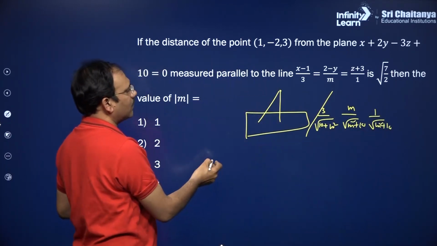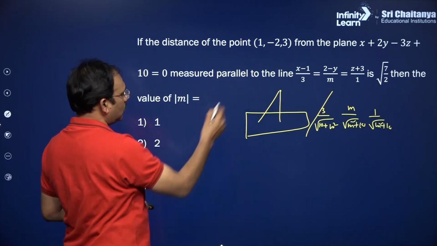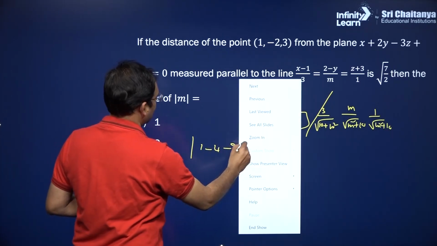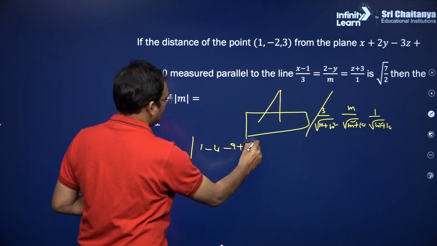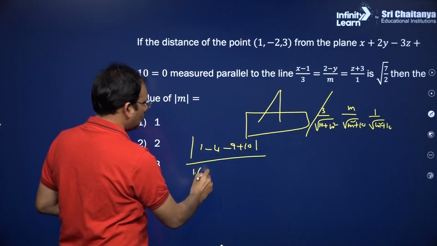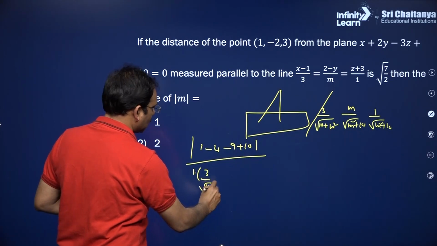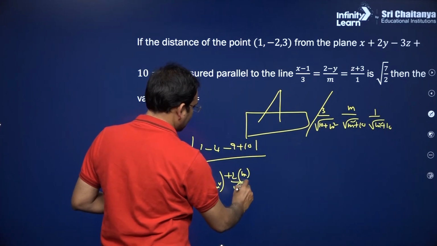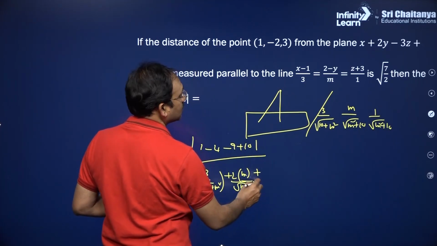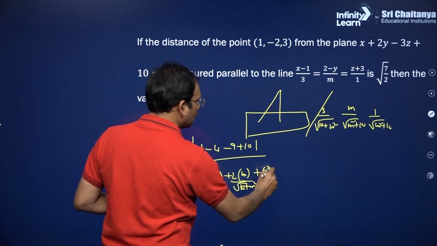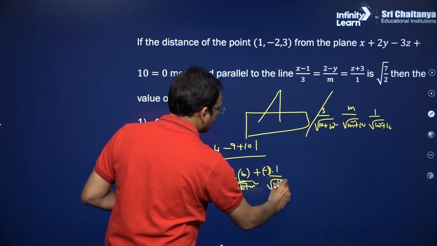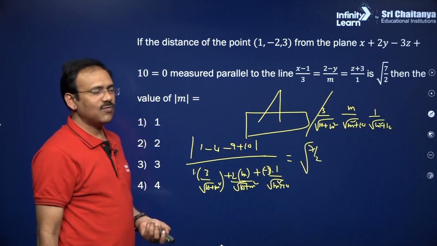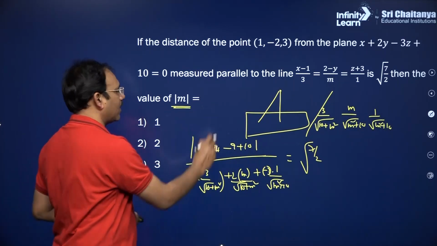Now, perpendicular distance from this point, which point 1 minus 2 3 to that plane, that is 1 minus 4 minus 9 plus 10, my dear friends, divided by 1 into 3 by root of 10 plus m square plus 2 into m by root of 10 plus m square plus, next one, minus 3 into 1 by root of m square plus 10. This is going to be root of 7 by 2. You will get a quadratic equation in m, you just solve, he is asking mod m, my dear friends, that is all.